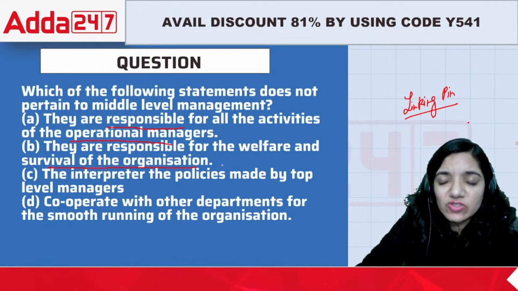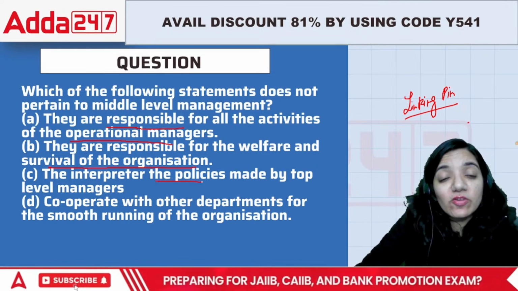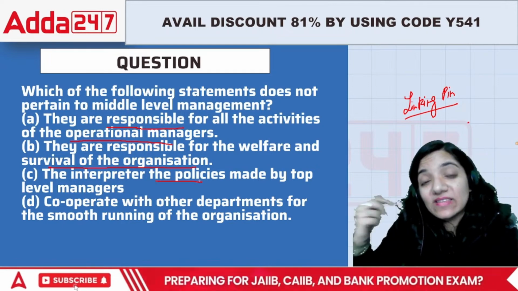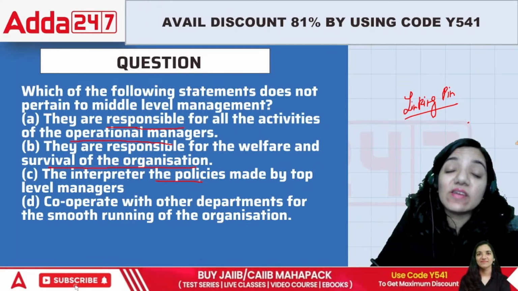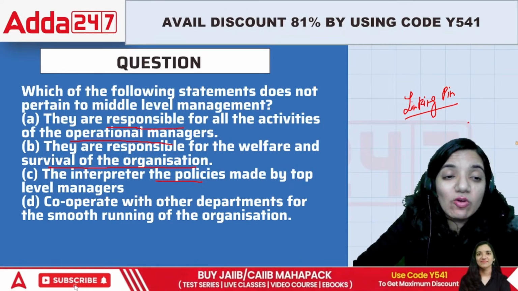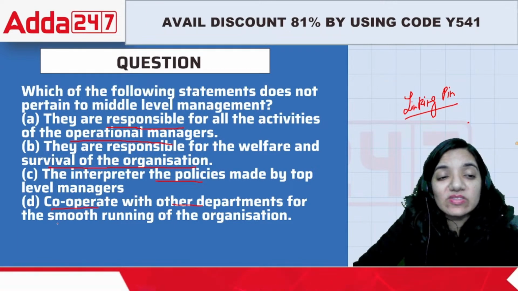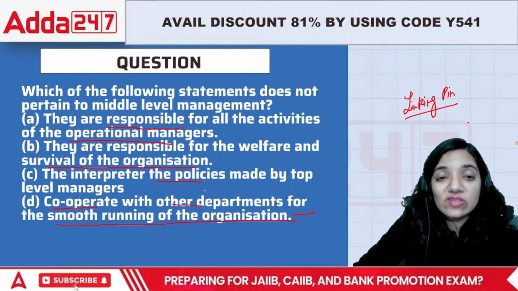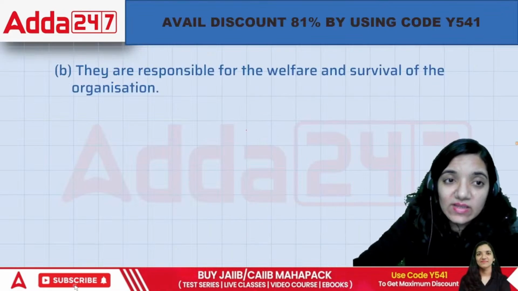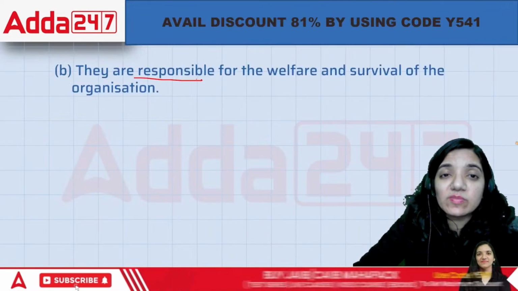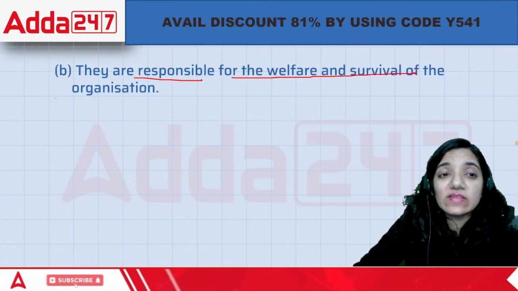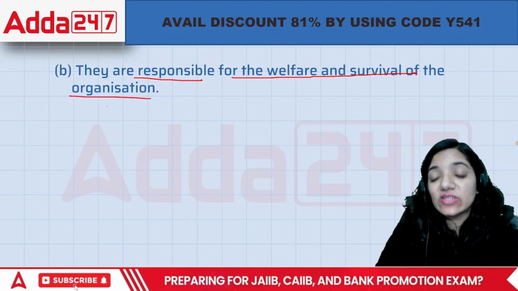This is the task which the top level does. As for interpreting the policies, the top level creates them, the middle level accepts them and gives them to the lower level, and they cooperate with the other departments for the smooth running of the business. So this is also correct, this is also correct, and this is also correct. So the correct answer is B: they are responsible for the welfare and survival of the organization.